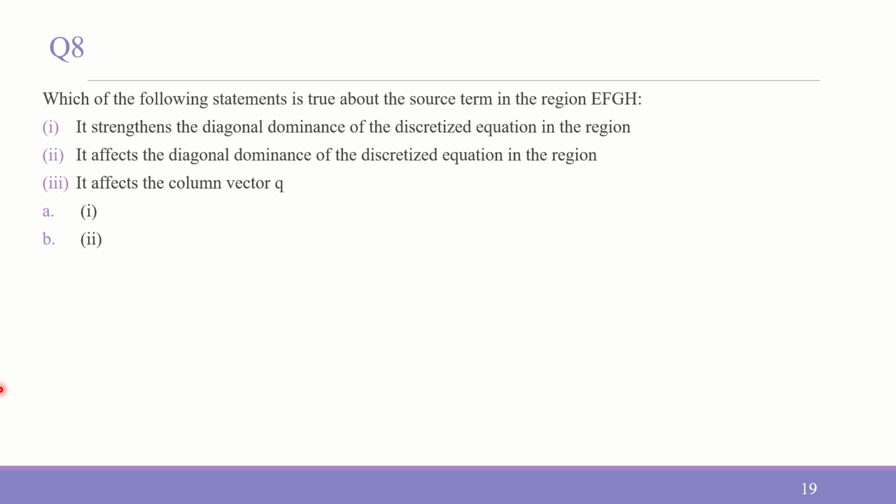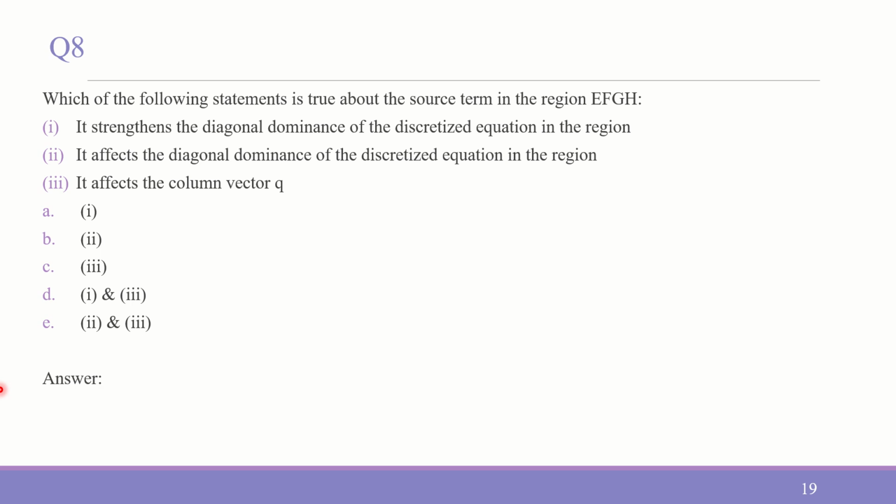Option A: 1, option B: 2, option C: 3, option D: 1 and 3, option E: 2 and 3. In this question we are asked to find which statement is true. The first statement is false, the second statement is also false, whereas the third statement, that it affects the column vector Q, is the true statement. So option C is the right answer.